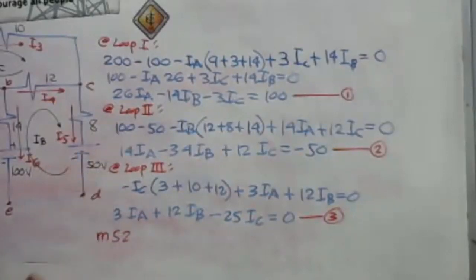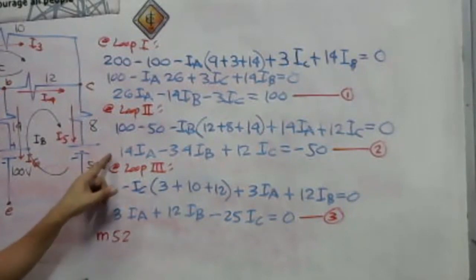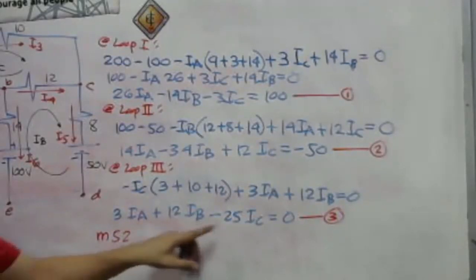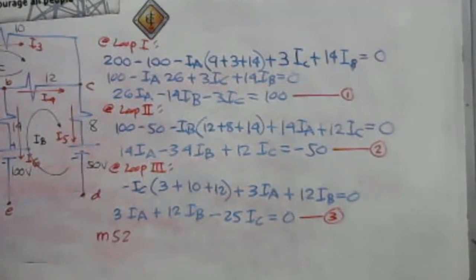Equation number 2: 14 equals, negative 34 equals, 12 equals, negative 50 equals. Then we have 3 equals, 12 equals, negative 25 equals, then 0 equals, then equals.